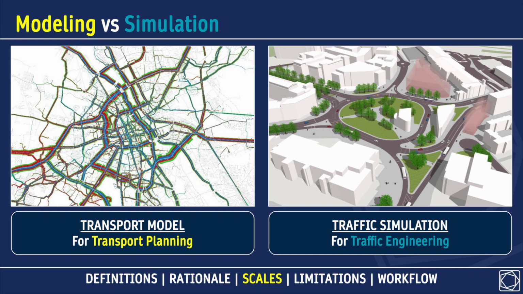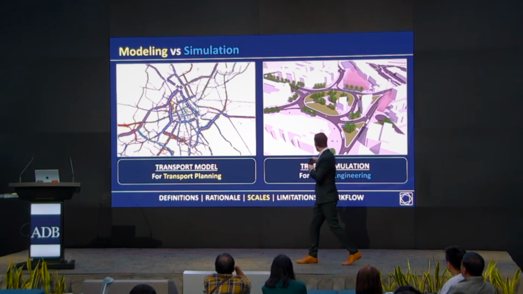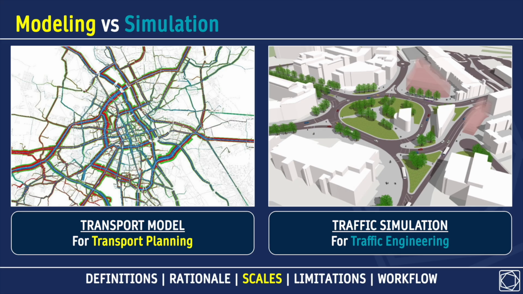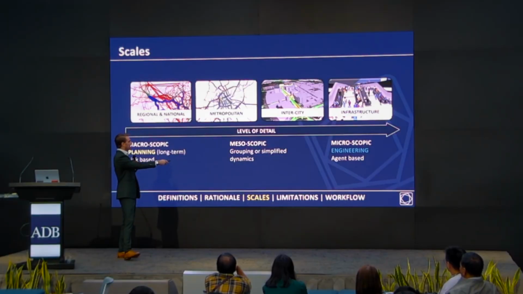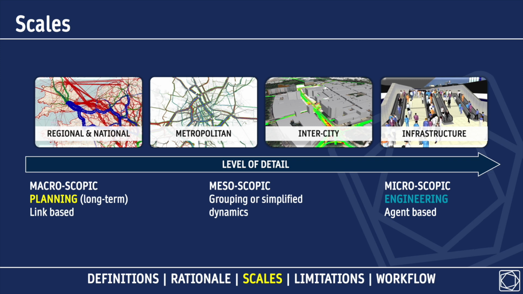There are some very useful tools that you can avail of to help you overcome these challenges. On one side of the spectrum, we have transport models or transport planning. On the other side, we have traffic simulations for traffic engineering. So planners will use the models, engineers the simulations, and we can look at the spectrum using this kind of illustration where on one end, the model for planners is called a macroscopic model.